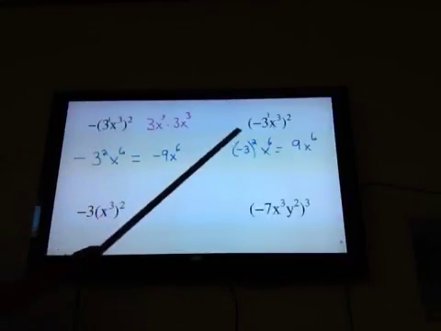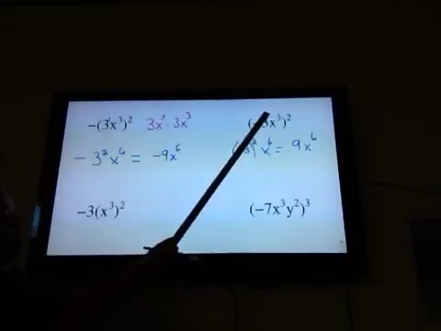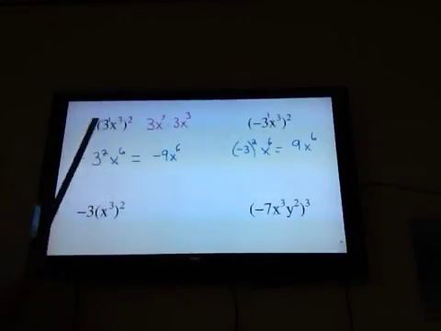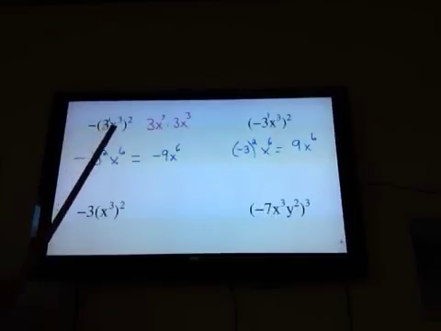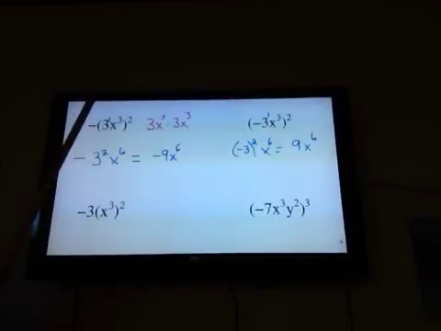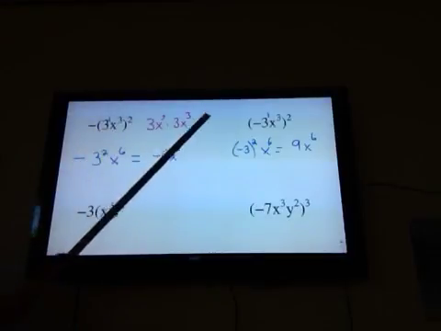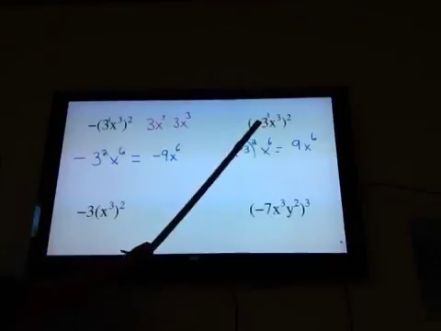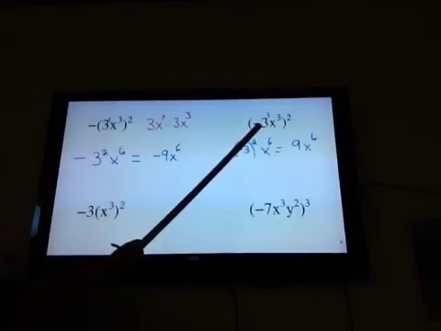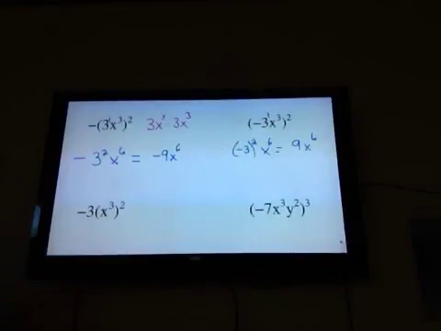Because here, the power goes to the negative also, because it's in the parentheses. Here, the power didn't go to the negative. It only went to the 3 and the x. So this negative just comes down. And then I square the 3 and get my 9. This one, I'm squaring negative 3. I'm taking negative 3 times negative 3. So two different things.